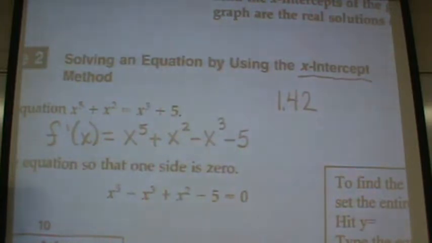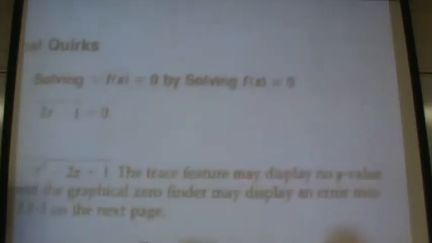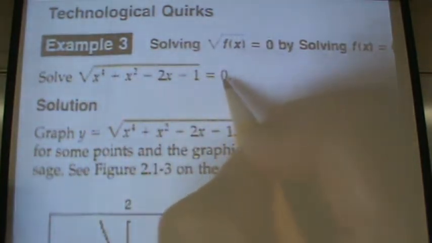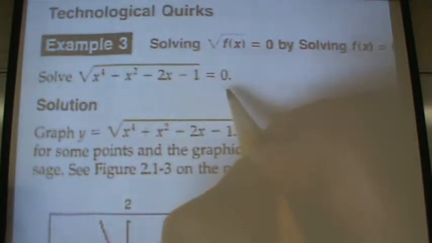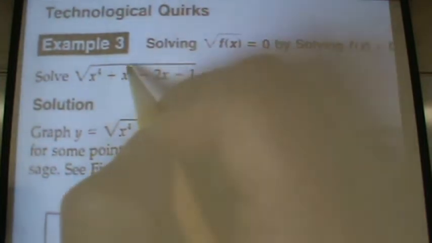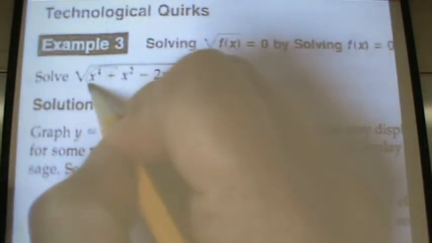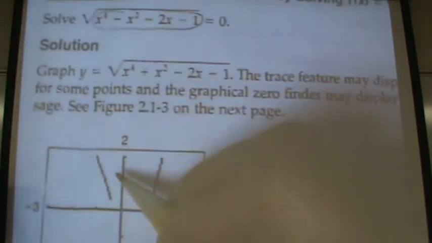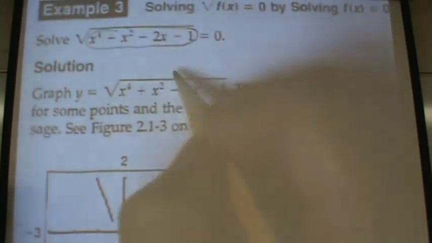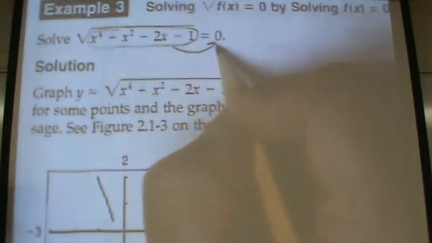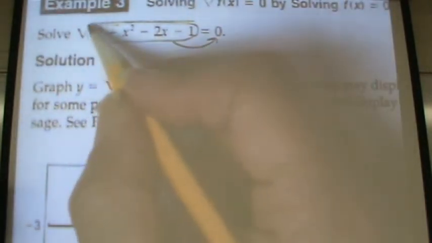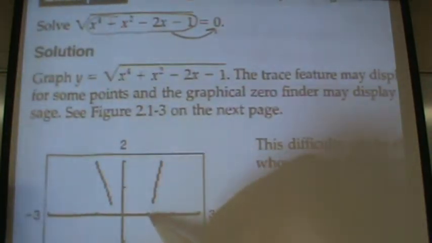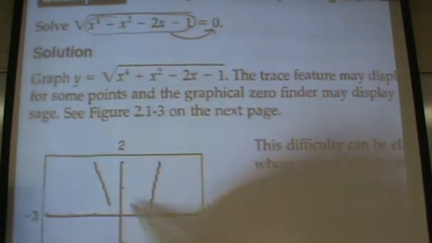Look at the next problem. When you have a radical set equal to 0, only set equal to 0, what you do is take what's underneath it. Don't type in the radical. If you type in the square root of all this stuff, your graph will not cross the 0, it will not hit here, and you won't be able to see where it hits.